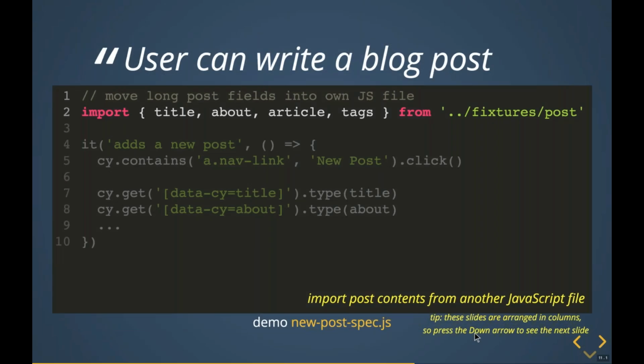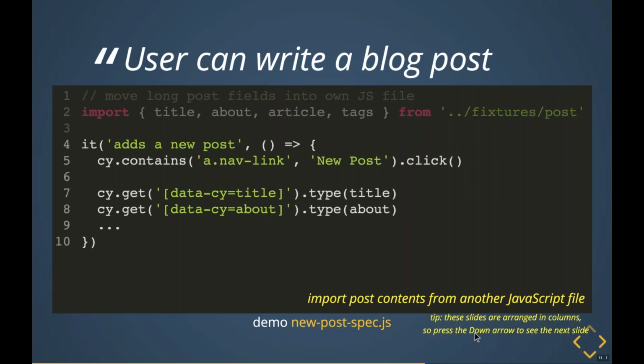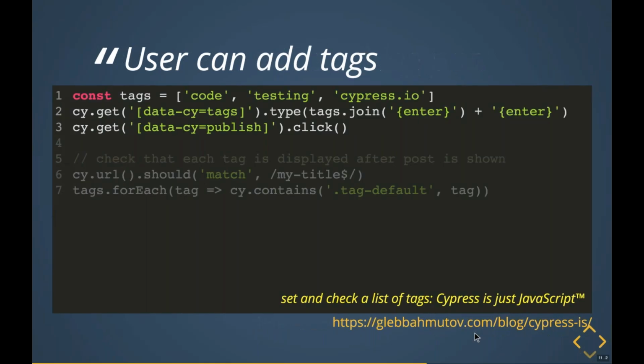Once you start writing more tests and you want to reuse the same title, article, and tags, you probably want to move them into a separate JavaScript file and just import whatever you need. Cypress comes with a JavaScript bundler included, so you can just use imports right away and then type the same thing so you don't hard code the values in your test. And I always say that Cypress is just JavaScript.